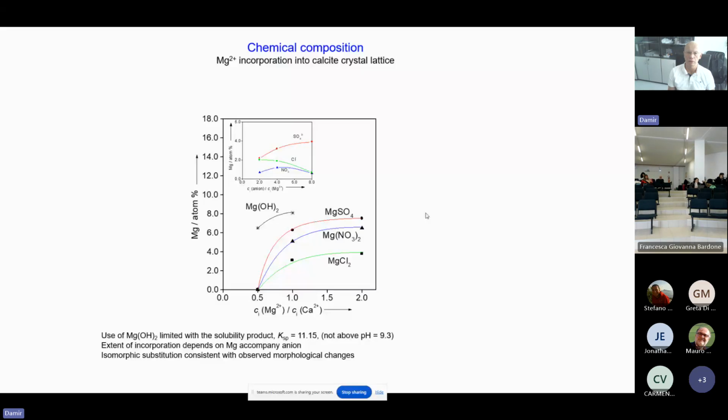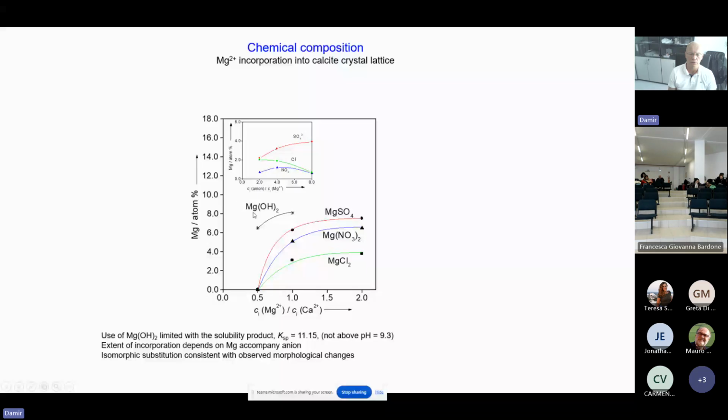We made a chemical structural analysis and the chemical analysis of the precipitate, in order to determine the rate of incorporation of magnesium in the calcite, and we found, as you can see on this graph, that the highest concentration of magnesium, of more than 8%, is found when we apply magnesium hydroxide.